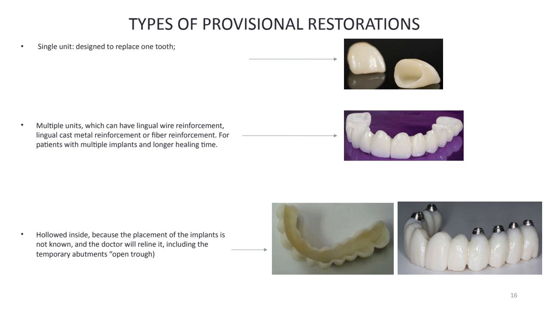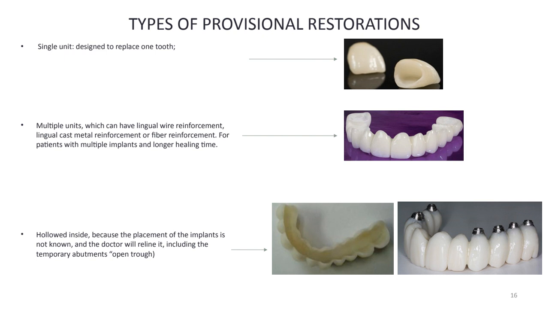And during the surgery, after the implants are placed, the doctor places the temporary abutments, and then he fills the open shell that we did for the temporary restoration with acrylic and places it in the patient's mouth, and that sets up the acrylic over the temporary abutments. Then the doctor retrieves it from the mouth, trims the excess acrylic, polishes it, and inserts it in the mouth.